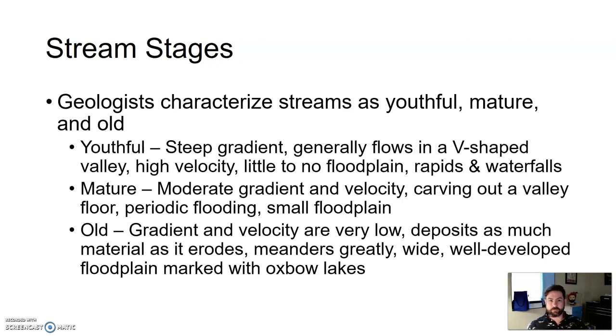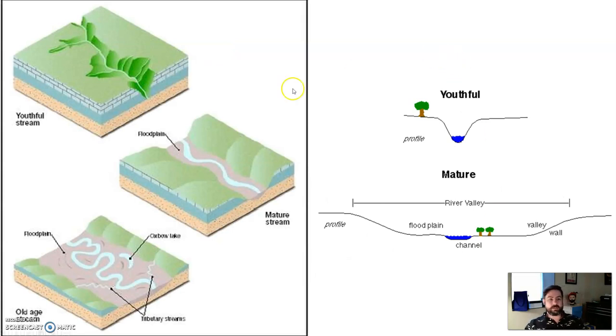In all of these characteristics and all of these stages, there's a lot of overlap. There's no one perfect thing where you say, oh, this stream channel fits in this category. There's a lot of overlap and a lot of factors you have to look into. I'm just saying things in general. So youthful streams, mature streams, old age streams.